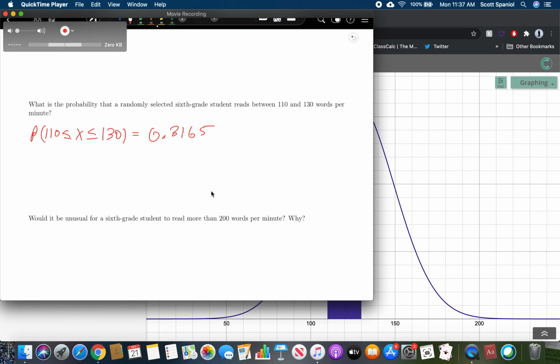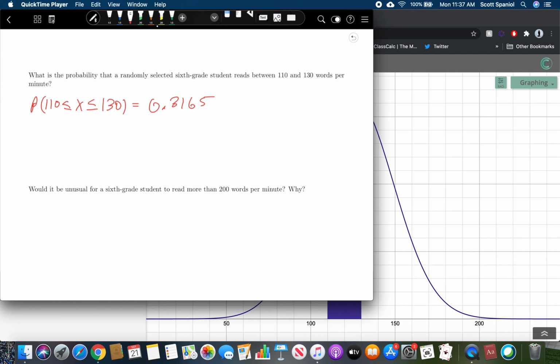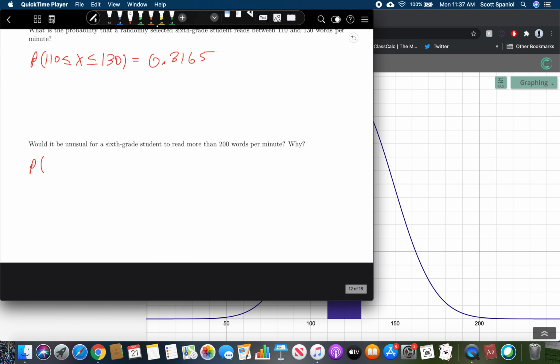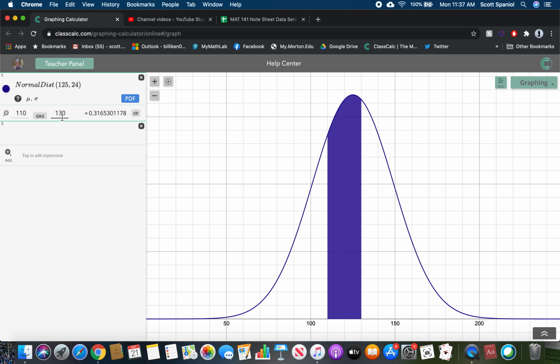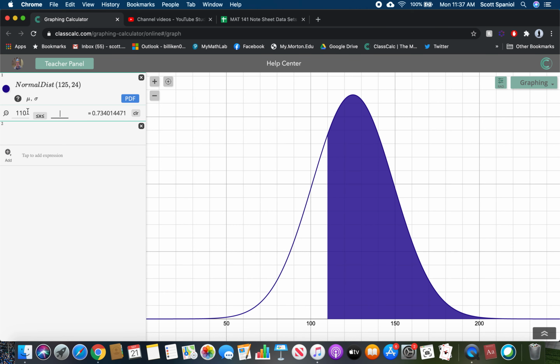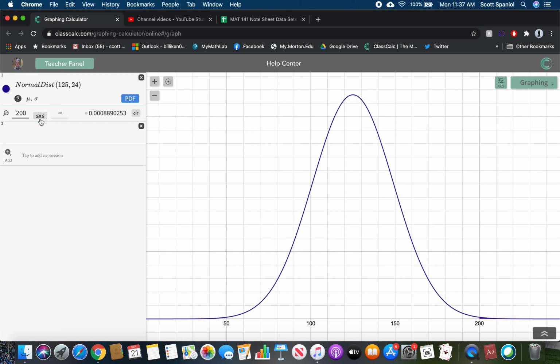And then the last one says, would it be unusual for a student to read more than 200 words per minute? To find out if something is unusual, remember what we want to do is find out if the probability of that is less than 5%. So we're going to go in here. We're doing to the right again. We want x to be bigger than 200, so 200 is less than x.